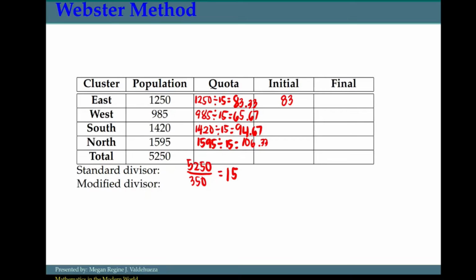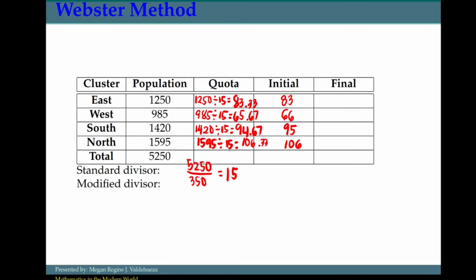For 65.67, since 0.67 is greater than 0.5, then we round up. So we have 66. Same with 94.67, we round this up. That will give us 95. And 106.33, we round down, so we have 106.